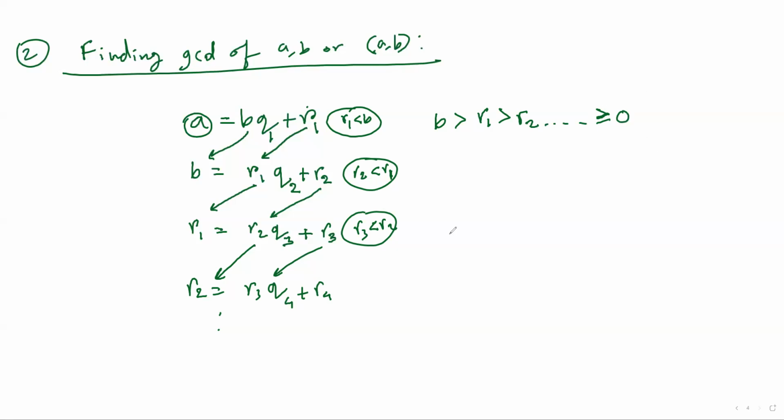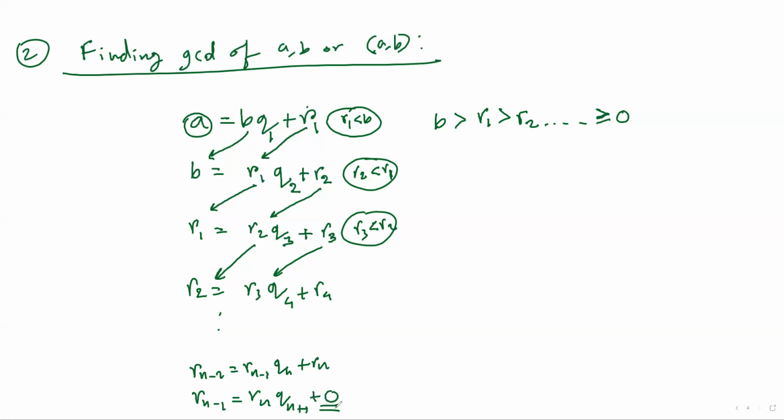At the point where you get this 0, at some point you are going to get Rn minus 2 equals Rn minus 1 times Qn plus Rn. And maybe in the next step, when you divide Rn minus 1 by Rn, you get a quotient Qn plus 1.